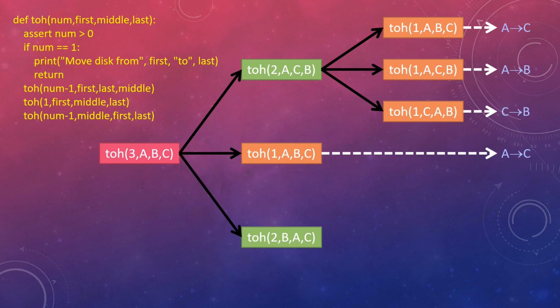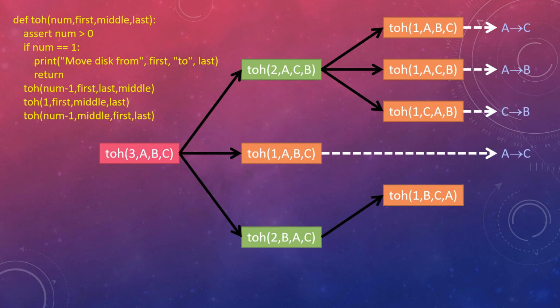Now since num is not equal to 1, the bottom green box will generate three recursive calls. The first one is this, TOH1 BCA. In the first step, we take n minus 1 disks from the source to the auxiliary peg. Look at the bottom green box.